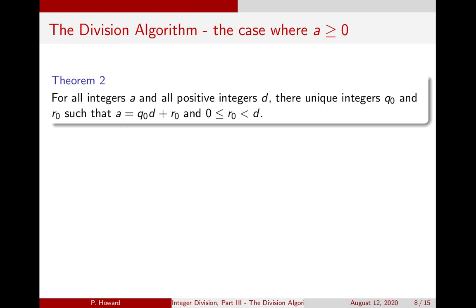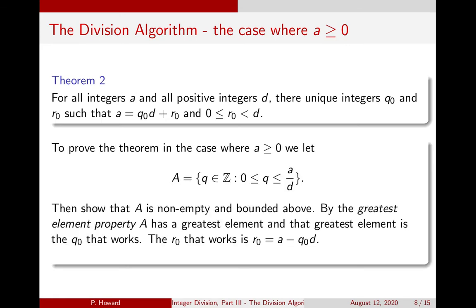There's a statement of the theorem again, just as a reminder of what it says. And on this slide, we're going to look at a very brief outline of how the proof will go. So we will first prove the theorem in the case where a, the thing we're dividing into, is non-negative.